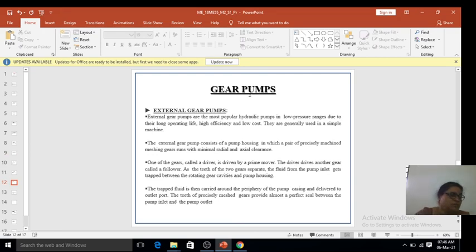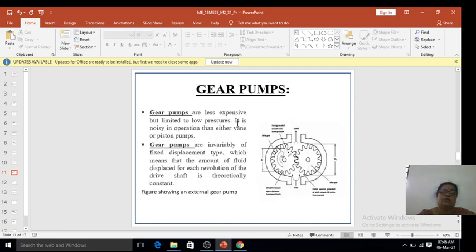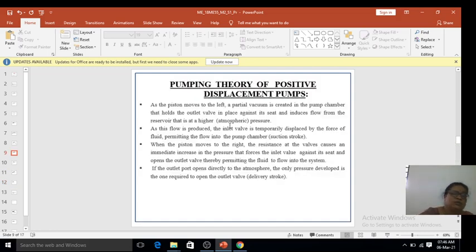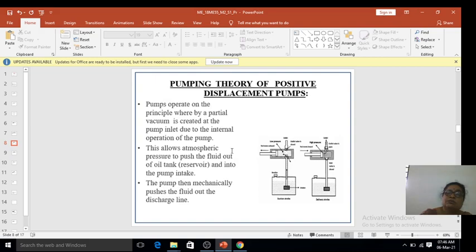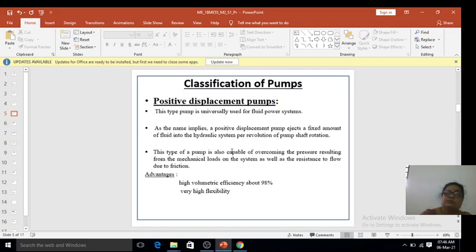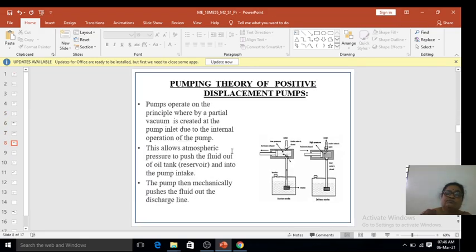When it comes to further classification, before that I would like to tell you about the advantages of positive displacement pumps and non-positive displacement pumps.